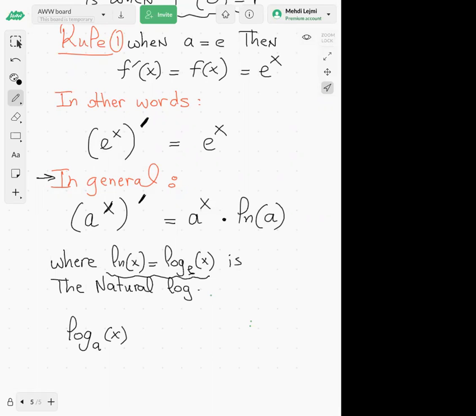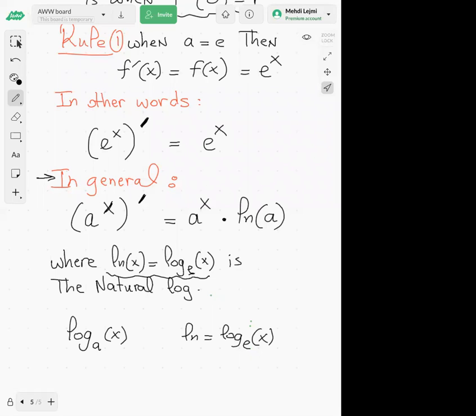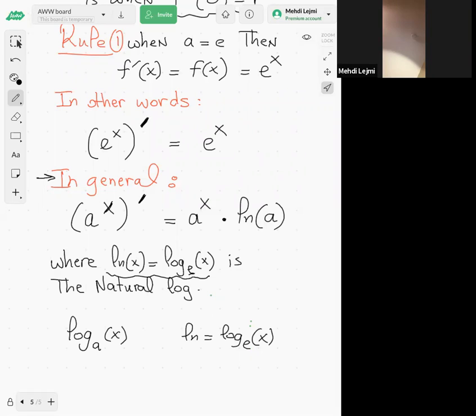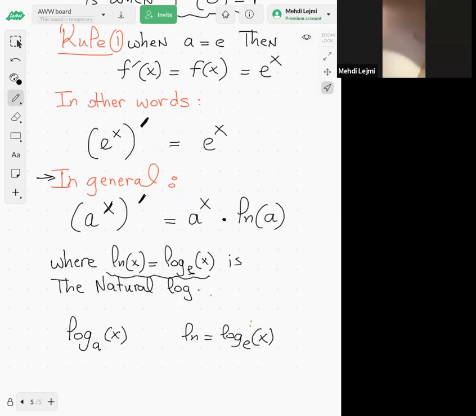But when you have natural log, that's the log in base e, the number e, 2.71, etc. That's the log in base e of x, the natural log. So ln of x equals log base e of x. Sorry, this should be ln of x here.